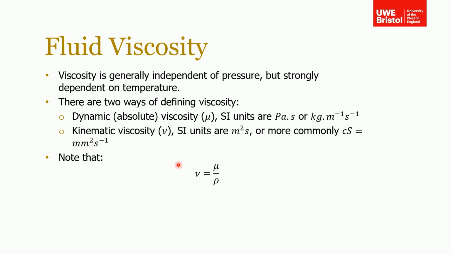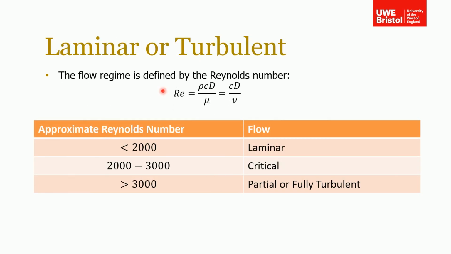But the two are related, so you should notice that the kinematic viscosity is equal to the dynamic viscosity divided by the density of the fluid. Therefore, we can write Reynolds number either in terms of mu or nu. Because nu is equal to mu over density, the density term disappears.